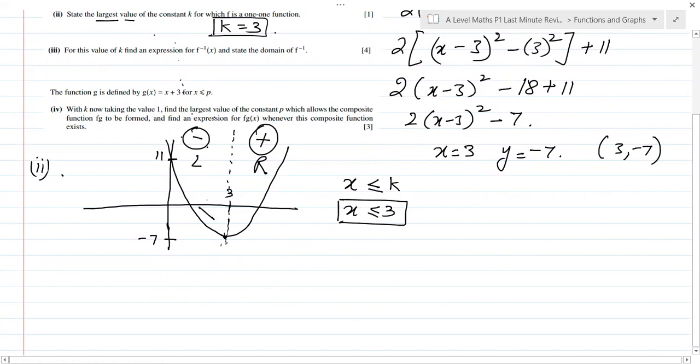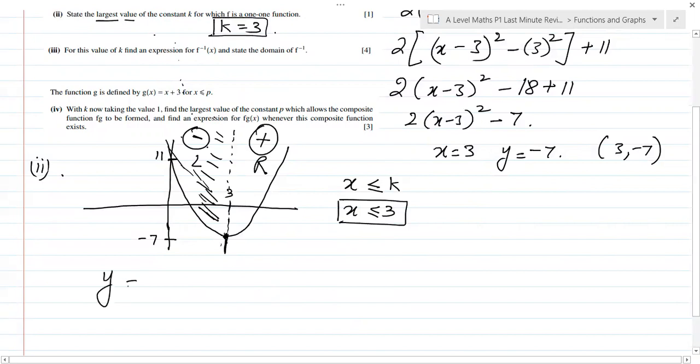So we are considering the left hand side. We are only going to consider half of the graph to have an inverse, which is this side of the graph. And once we're considering this side, we are going to take the negative sign into account, and I'll tell you how we're going to do that.